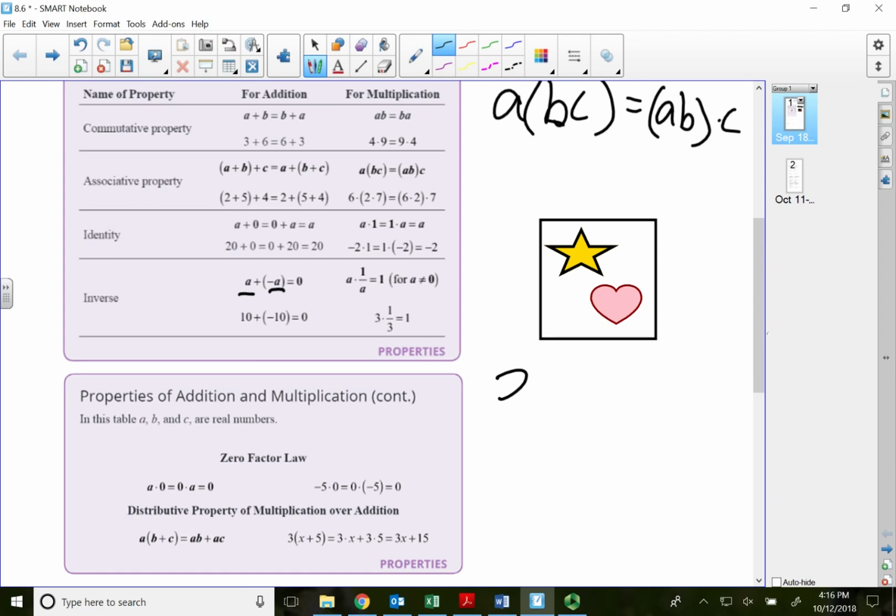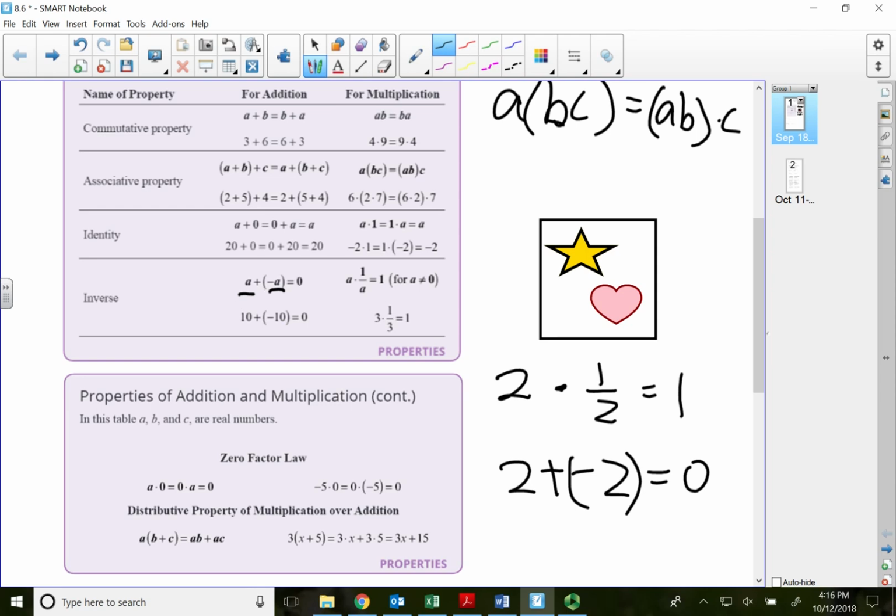So the inverse of 2 for multiplication will be 1/2, because the 2 multiplied together is equal to 1. The additive inverse of 2 has to be -2, because when the 2 combine, that gives me 0.